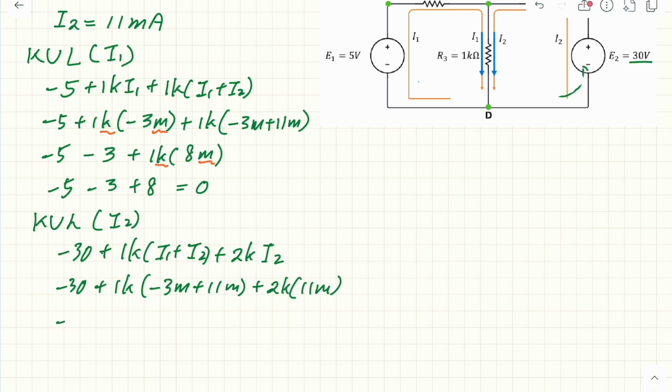So this is minus 30, and this is 8, and this is 22. So again, it is equal to 0. So KVL for mesh current I1 and KVL for mesh current I2 are correct.